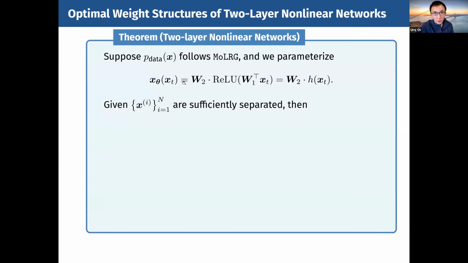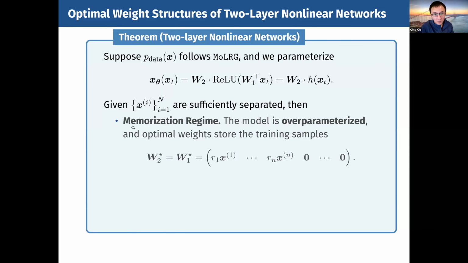And the way we show that is that we assume our data follows this mixture Lorentz Gaussian. We consider a two-layer nonlinear denoising autoencoder with ReLU activation. And we show that when the data is sufficiently separated in the memorization regime, the model is highly over-parameterized. And then the optimal weights for the denoising loss will just be storing individual training samples, where x1 to xn are the training samples.